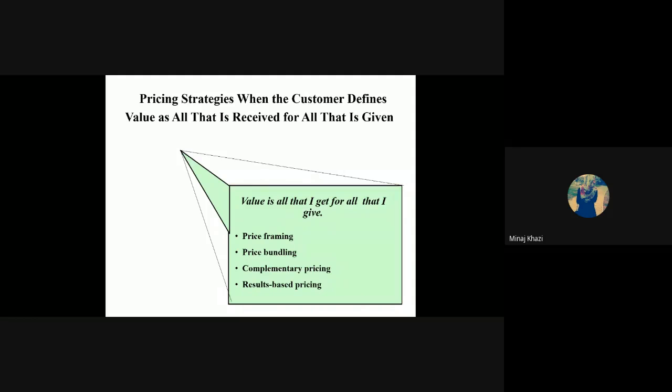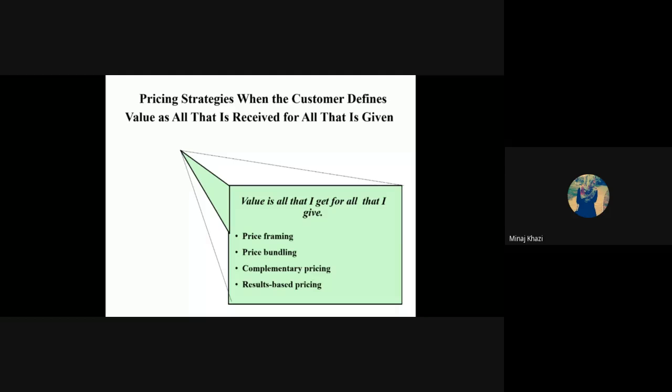What is this? This is bundling. They are bundling the price of the mobile phone, plus if required they'll charge something for the SIM. Plus upfront, they tell you to pay so much and you get an additional warranty on your mobile phone for so many years. That's a service being provided in a bundled way. So that is price bundling.